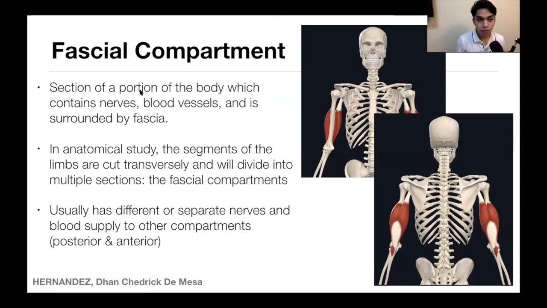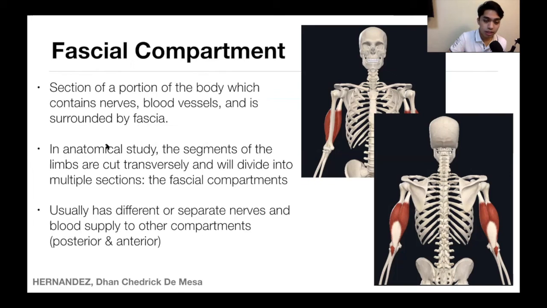For the arm, we have the anterior and posterior fascial compartment, and another two for the forearm. I think the same rule goes on with the lower limb for the femur and the leg. A fascial compartment is the section of a part of the body which contains nerves, blood vessels, and is surrounded by fascia.